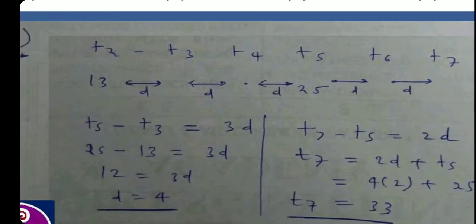So the difference between T5 and T2 is 3D, because there are 3 D's between T2 and T5. So T5 minus T2 is 3D, and putting values of T5 and T2, we get D as 4 here.